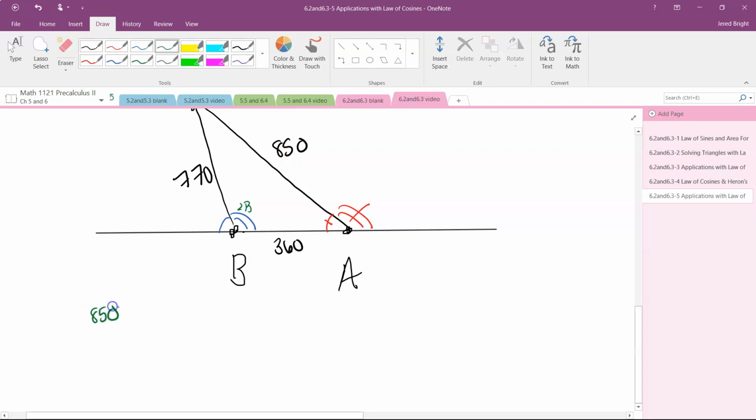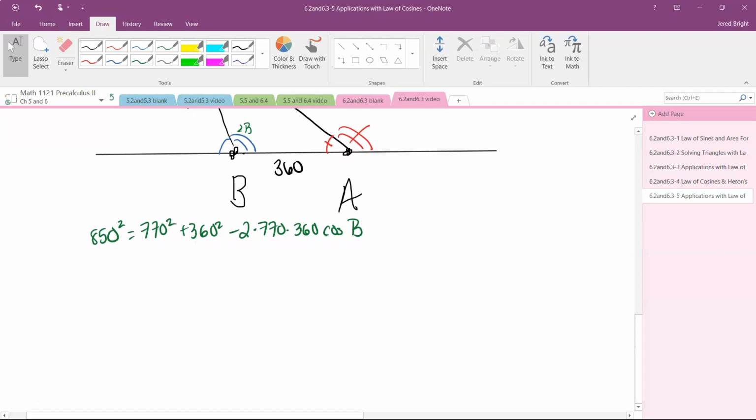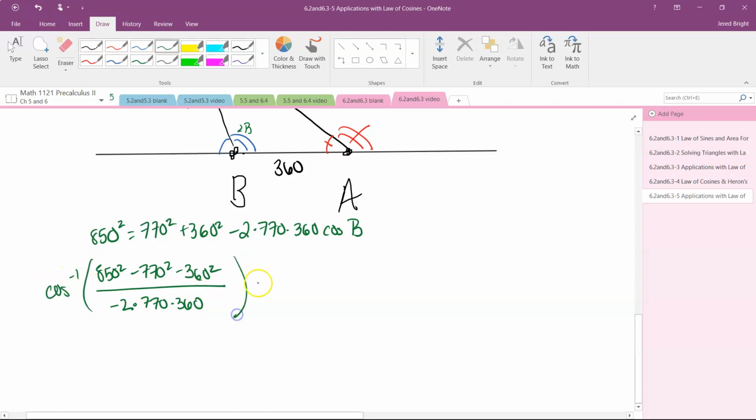So 850 squared is equal to 770 squared plus 360 squared minus 2 times 770 times 360, and then cosine of angle B. Okay, so again, what you're going to do is take the 850 squared, subtract the 770 squared and the 360 squared from that, divide all that by the quantity negative 2 times 770 times 360, and then do inverse cosine of that whole thing.